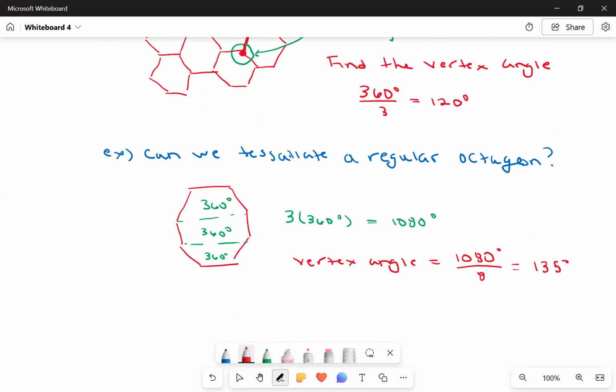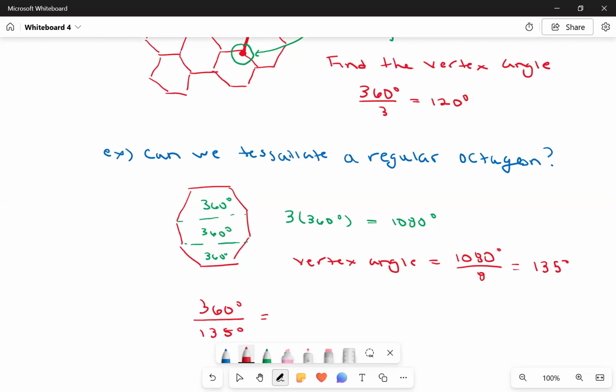So if I take 135 and subtract it from 360, I'm going to see if I can just keep subtracting until I get to 0. Actually, an easier way: take 360 and divide it by 135, and we can see if it goes in evenly. Grab your calculator and plug that in.